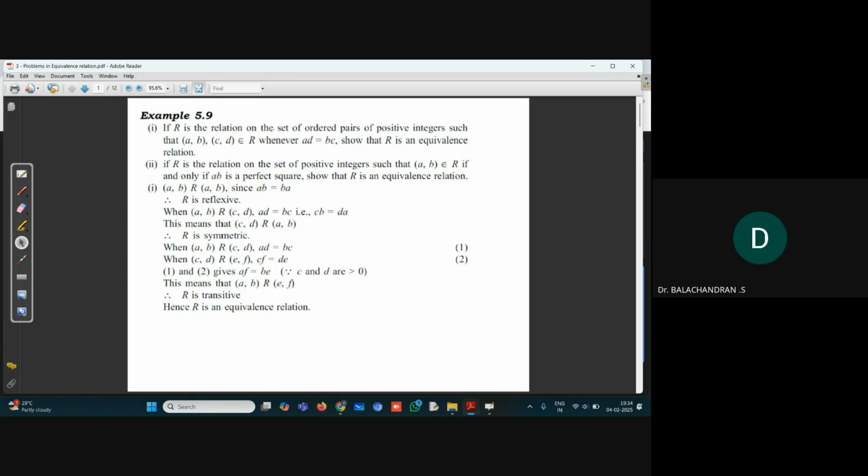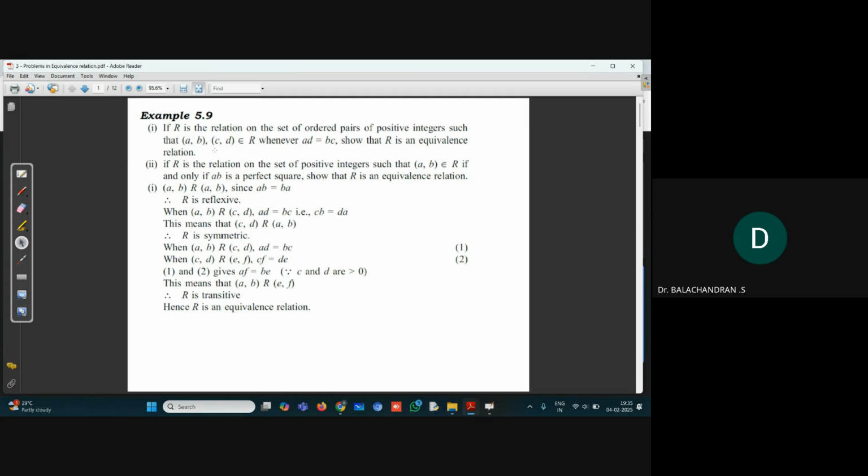R is a relation on the set of ordered pairs of positive integers such that (a, b) is related to (c, d) in R whenever AD equals BC. Show that R is an equivalence relation. Just now I told you that the first element into the second element is equal to the second element into the first element.